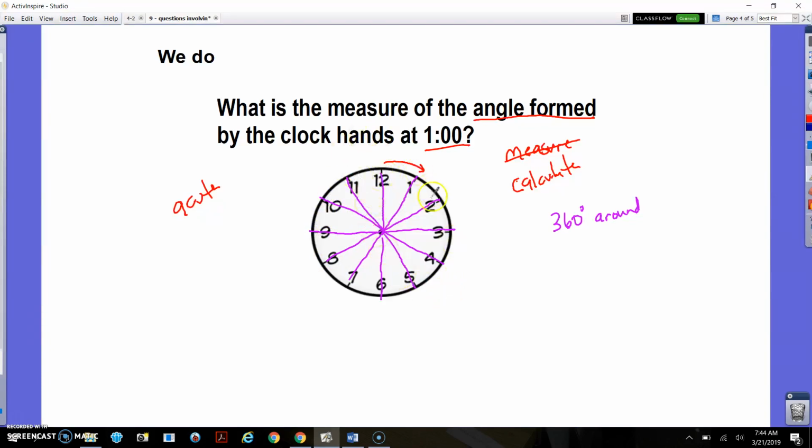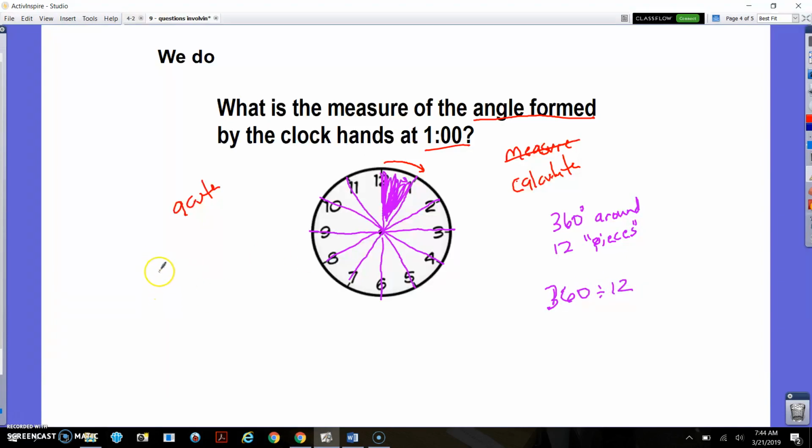And so I want to know what angle is this part, just 1 out of the 12 pieces. So it's 360 degrees around, and there's 12 pieces between 12 and back to 12. So I need to know what is 360 divided by 12.